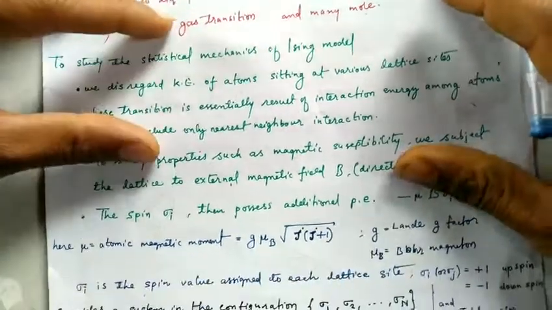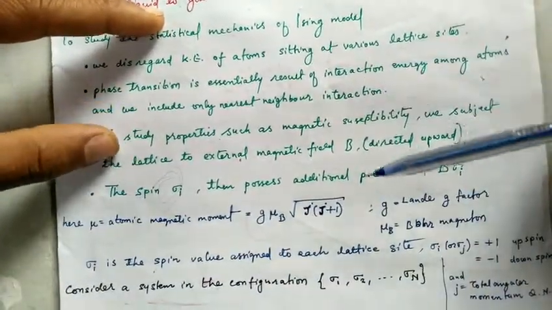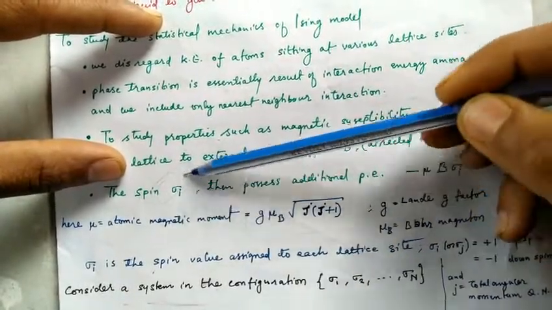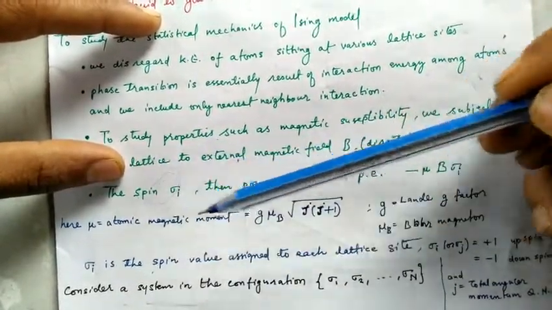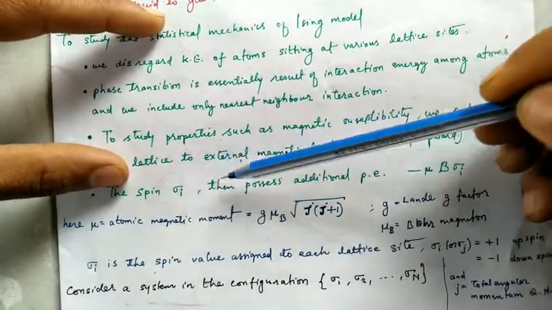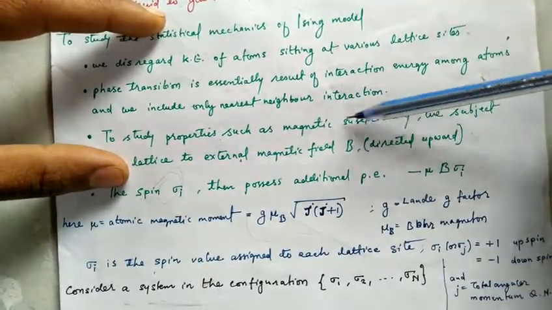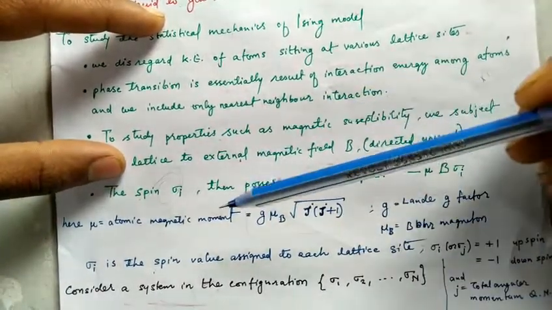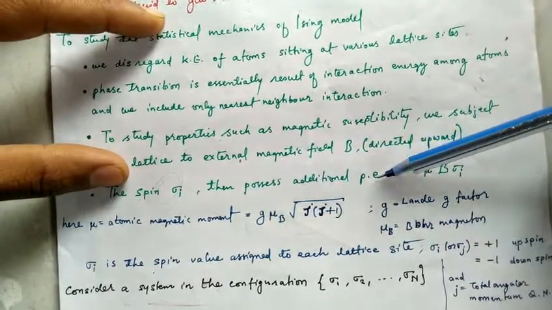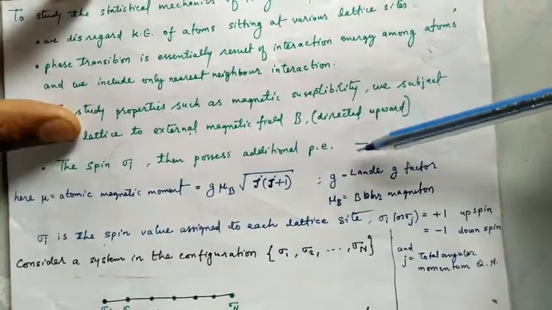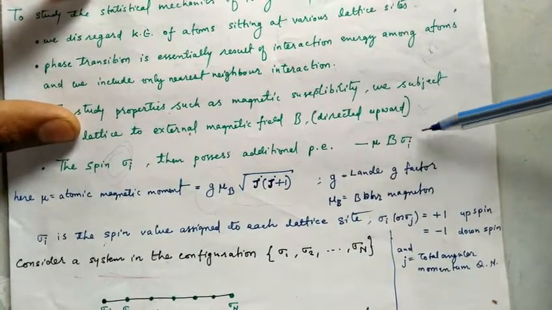Now let's come to the fourth point. Since the atoms sitting at the lattice sites possess some spin, and the lattice is also subjected to an external magnetic field B, the atoms possess additional potential energy in the presence of the magnetic field, and that potential energy is given by this expression here.